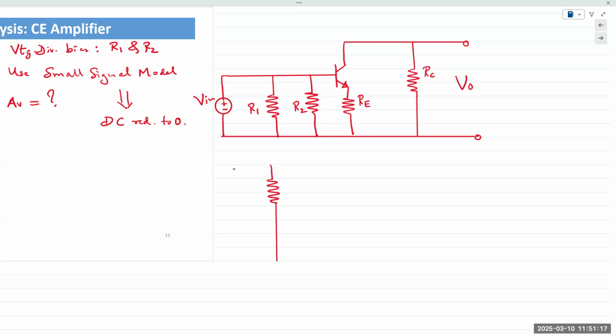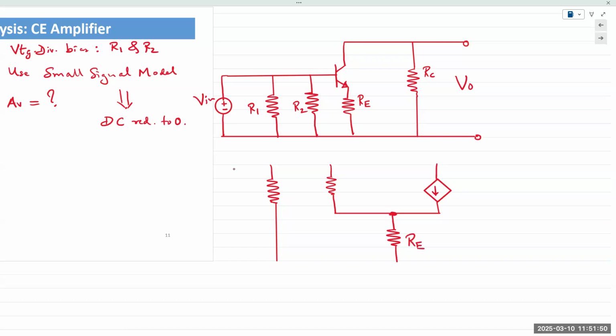And then here we would have our hybrid pi model, R pi, emitter resistor RE.